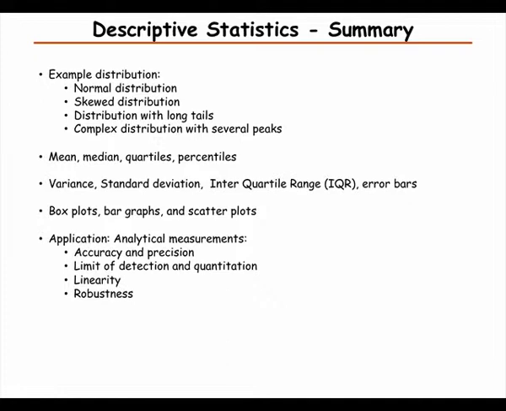Then we talked about mean, median, quartiles and percentiles that determine different properties of the distribution. We also looked at variance, standard deviation, interquartile range, and how to use these for error bars. And finally, we looked at a few different ways to display the data and how to apply these things to analytical measurements.